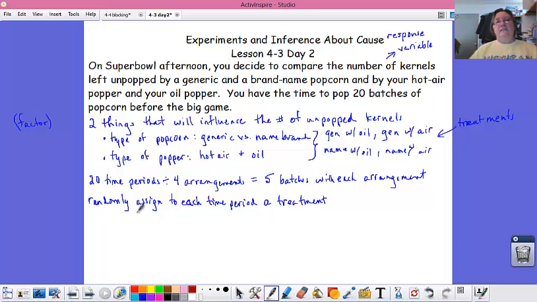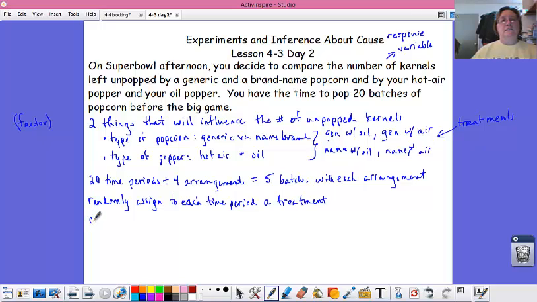So we've got our experiment set up. We're going to randomly assign to each of our 20 time periods one of our 4 treatments, right? And at the end of all this, we want to look at how many unpopped kernels there were from each batch and from each type of batch, if you will.